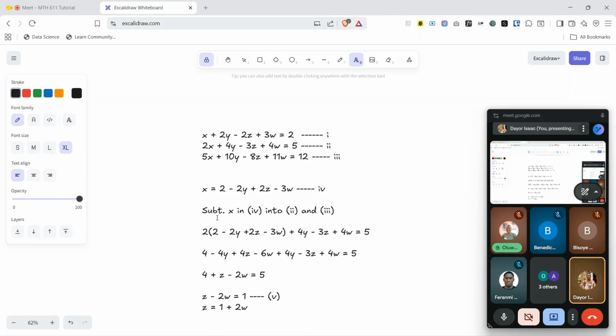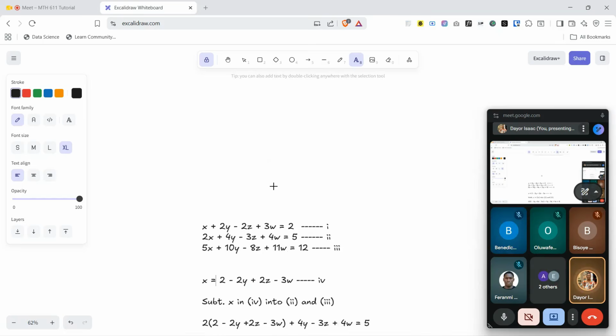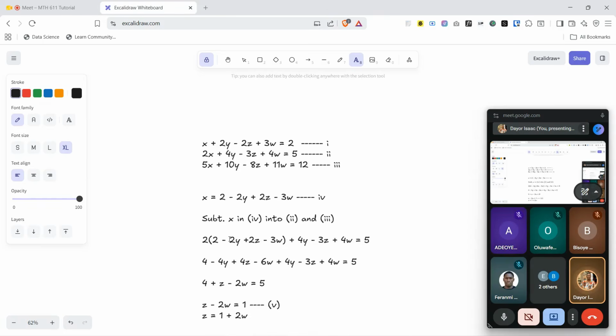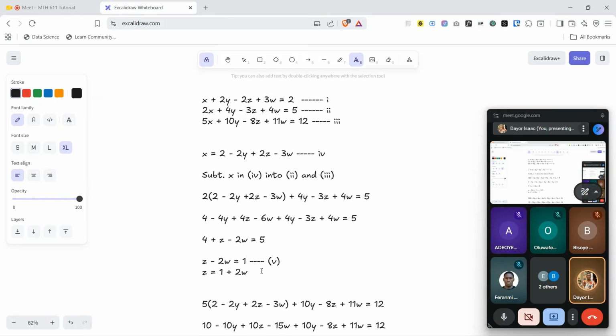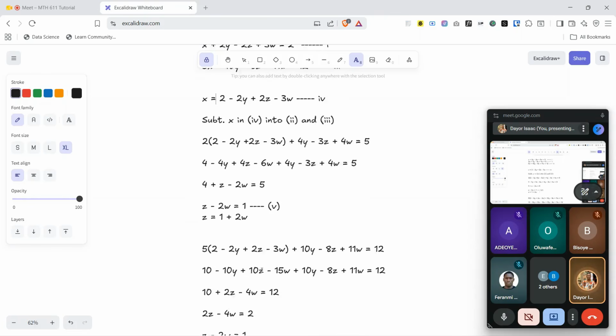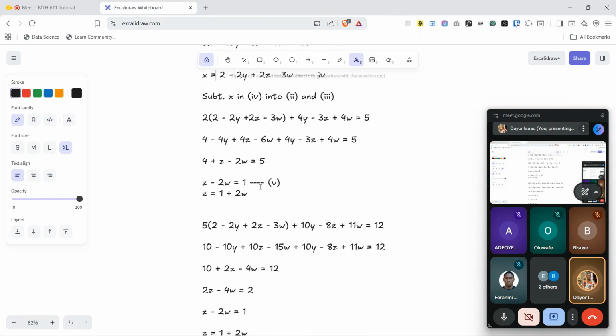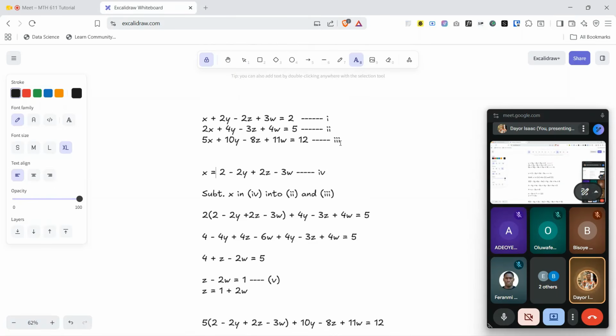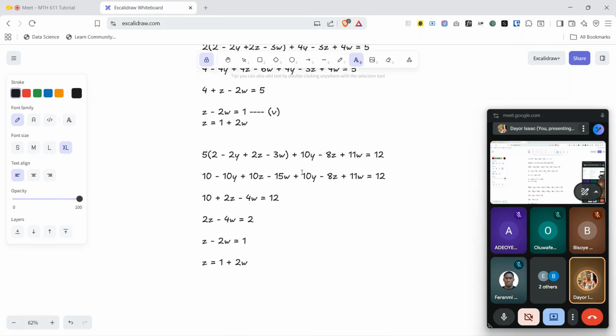All right, thank you. So you substitute for x here in this equation. This is what you have for x, the equation 4 that you formed. You substitute it here, plus 4y minus 3z plus 4, this whole equation in 2, and then you arrive at this. You arrive at 5. You do the same thing for equation 3.